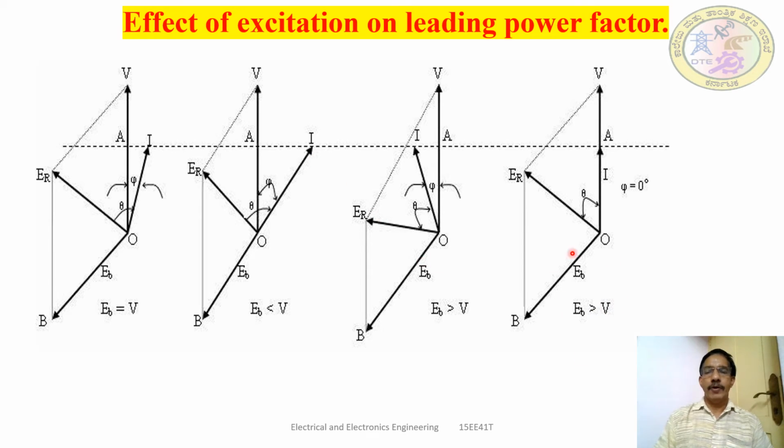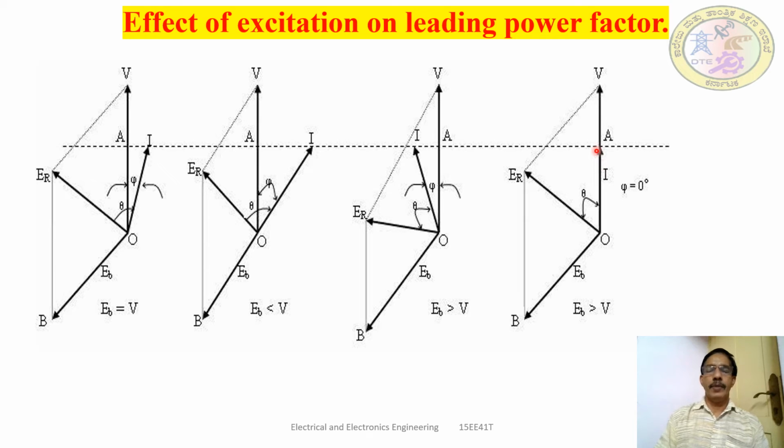If you increase for some values, for critical conditions, current is minimum and it is in phase with the voltage. Current and voltage are in phase, so power factor angle is 0, power factor is maximum, that is 1, cos theta is 1, so cos phi is 1, angle is 0.